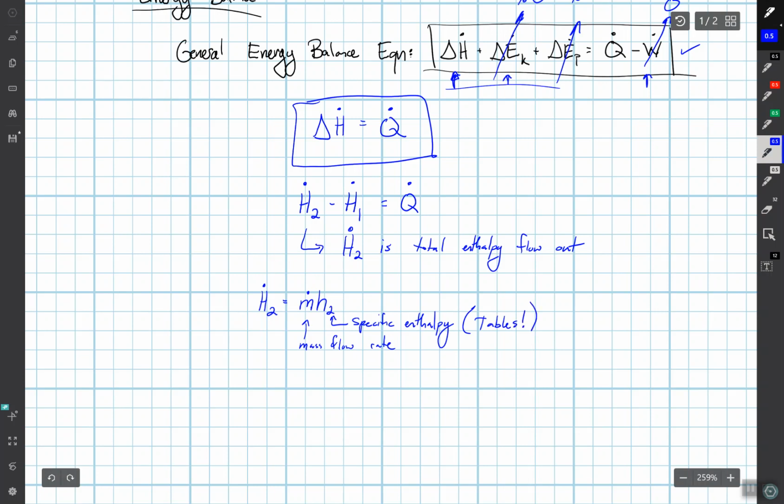The specific enthalpy is what we're actually going to be looking up in our tables, right? That's the intrinsic property that depends on the state of the matter, whereas capital H is the extrinsic property, which depends on how much we actually have. Sorry about some of the confusing language here.